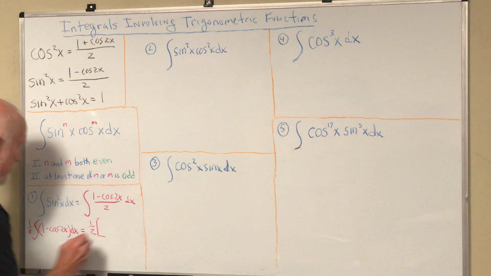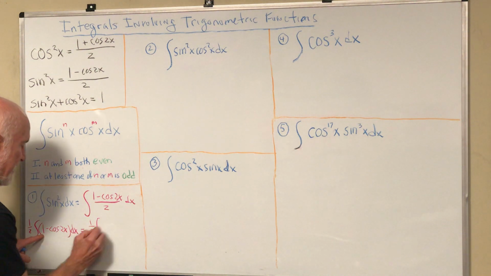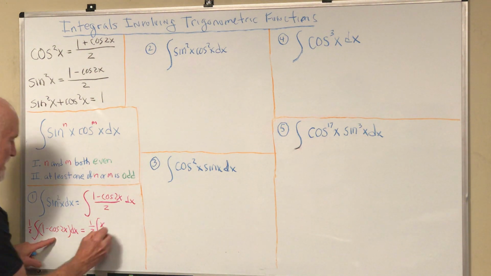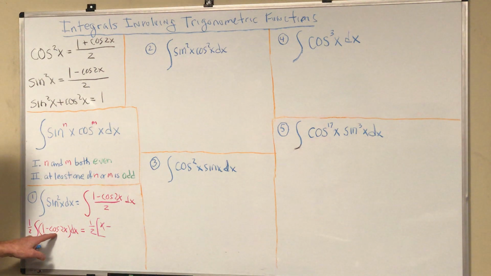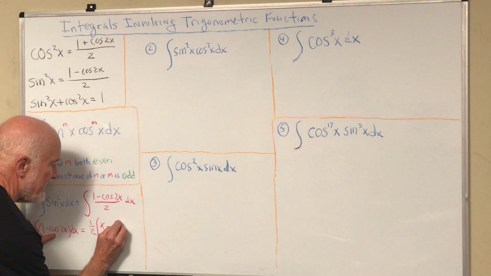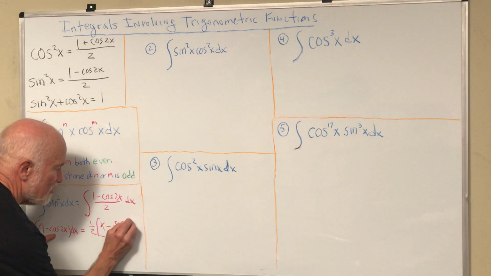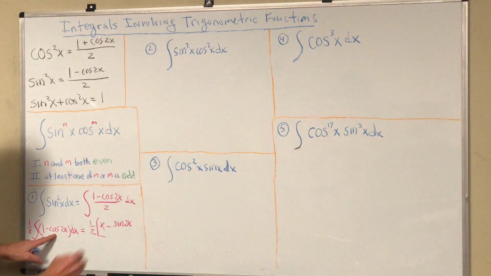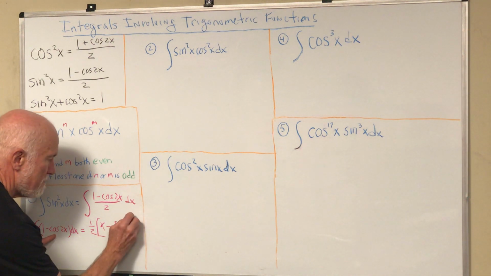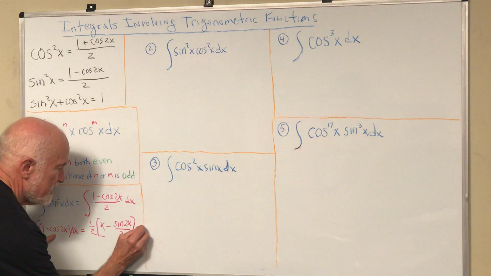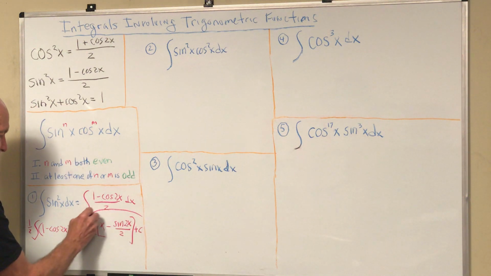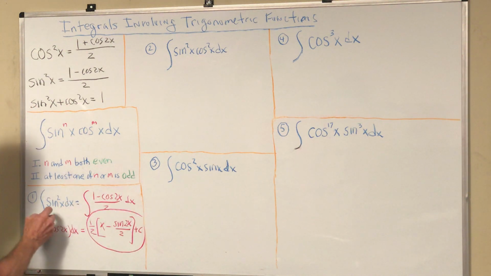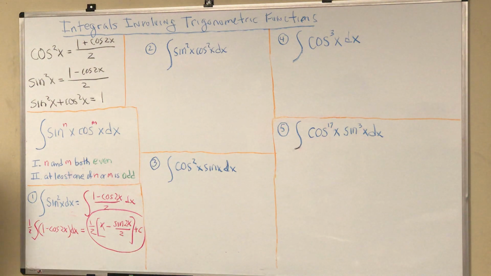The antiderivative of 1 dx is x, minus the antiderivative of the cosine is the sine, but since it's 2x, I have to divide by 2. And then you add your general constant, and you've got an answer. So that's the only way to do that integral, and that's not that unusual of an integral. So it's nice that we really have that technique.